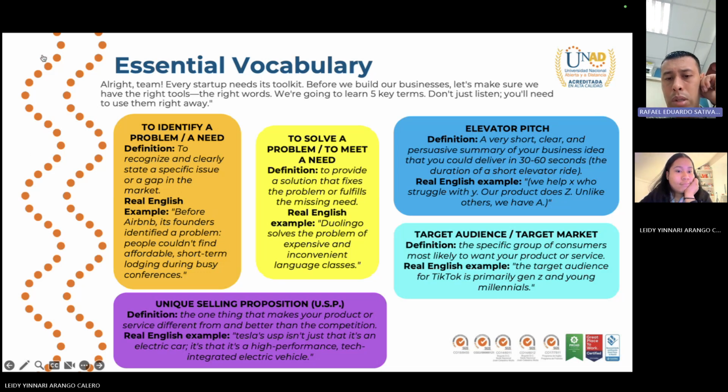Unique selling proposition. Definition: the one thing that makes your product or service different from and better than the competition.